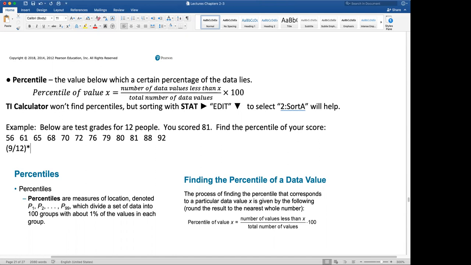Okay, 9 over 12 times 100, that's going to be 75. 75%. It means that 75% of students have scores below your score of 81.